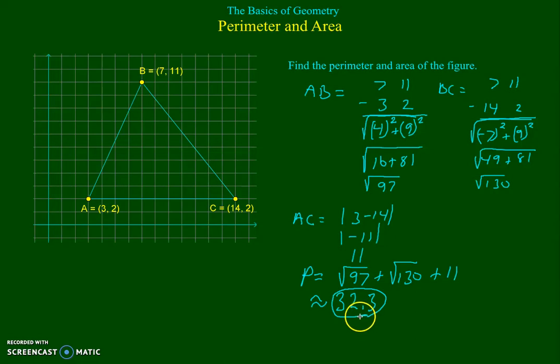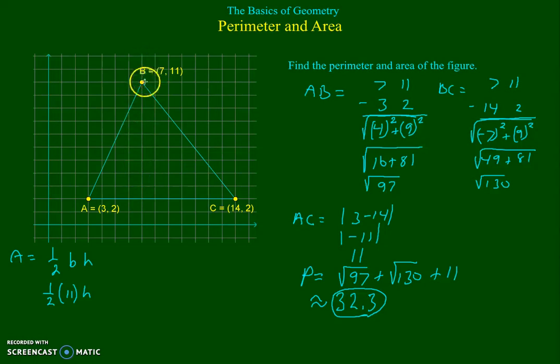All right, let's look at area. Now the area is going to be 1/2 base times height. Well, we already know that the base is 11. So this is going to be 1/2 times 11 times height. Now to find the height, we're going to do another ruler postulate here.